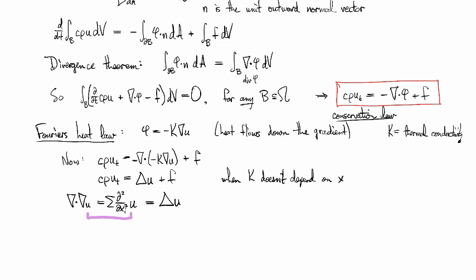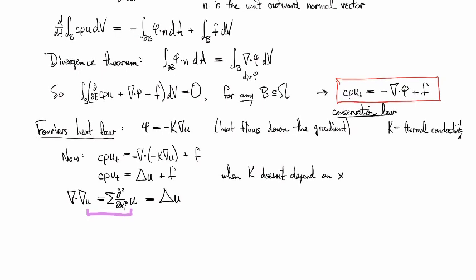And so in general then, the heat equation in higher dimensions is going to look like u_t minus k Laplacian u equals 1 over c rho f, where little k here is equal to capital K over c rho, and this is diffusivity.